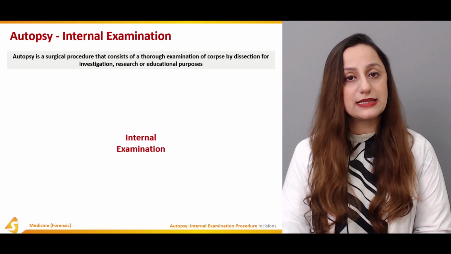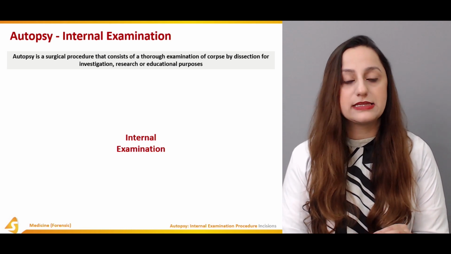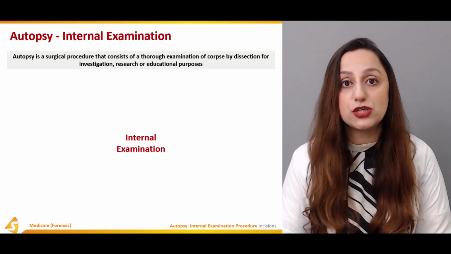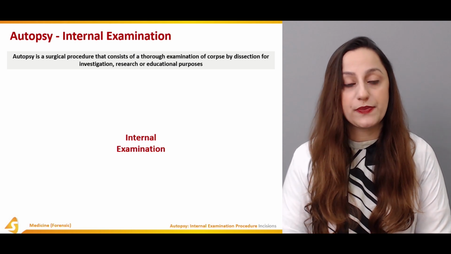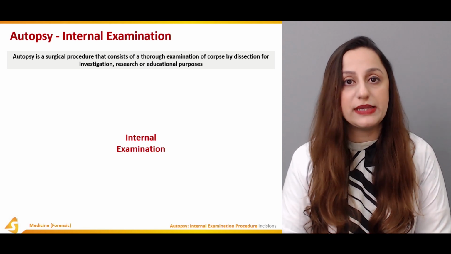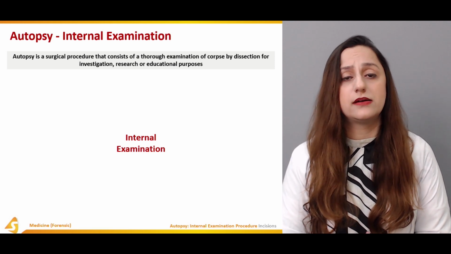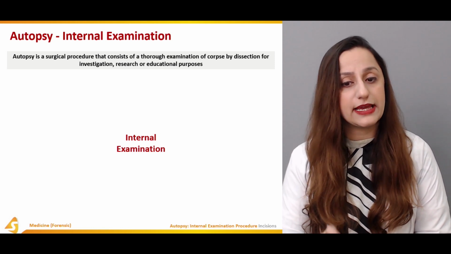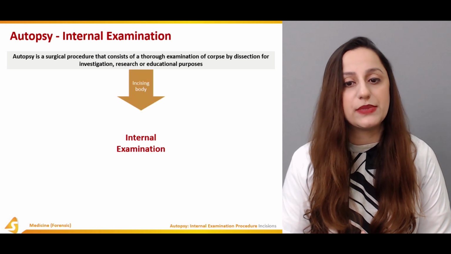When we are externally examining a dead body, I've already told you the main highlights are the height, the weight, and of course, if there are some injuries, we'll be discussing all of these injuries in the autopsy report, and we'll be documenting them in detail when we are considering the external examination.